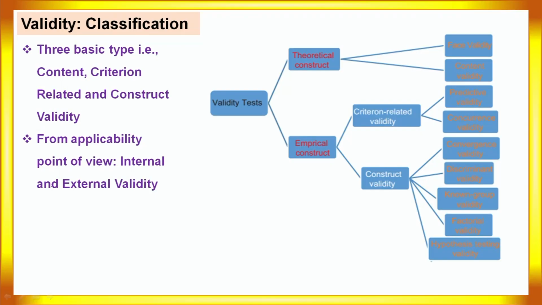So, once again to remind you, the validity of a particular measuring instrument is generally taken as 3 different types, but these may be classified under 2 broader types: one is the theoretical level and the other is the empirical level.